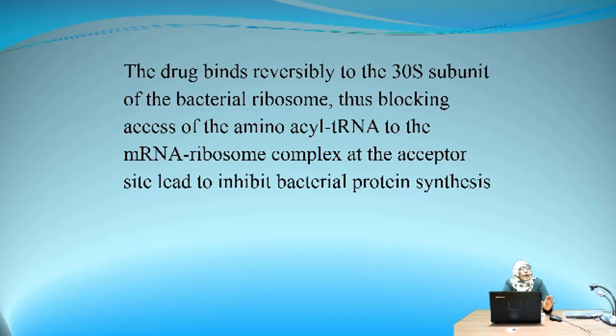Then, after entry, the drug binds reversibly to the 30S subunit of the bacterial ribosome, thus blocking access of the aminoacyl transfer RNA to the messenger RNA ribosome complex at the acceptor site, leading to inhibition of bacterial protein synthesis.